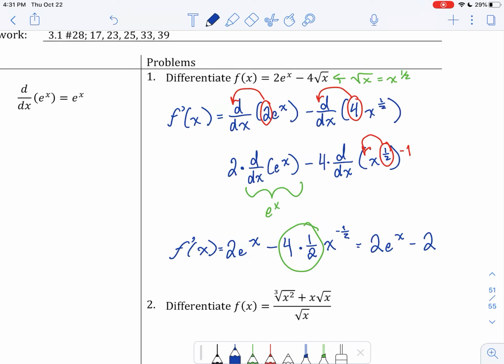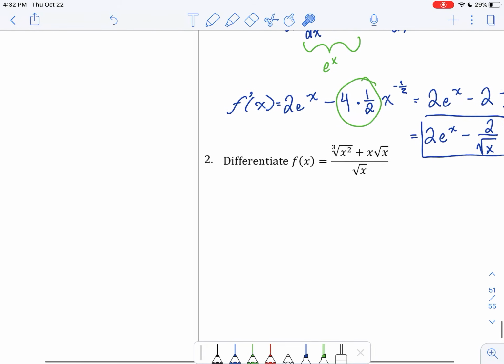And then x to the negative 1/2 is also 1 over x to the positive 1/2, which you would also rewrite if you wanted to using the same rule that we had above. 2e to the x minus 2 multiplies into the numerator, x to the 1/2 is root x. You could rationalize that denominator if you like. So there's just some good algebra review that you might see, so it makes it easier to check your answers in the back of the book, because they might write it like this, they might write it as the radical form like that.